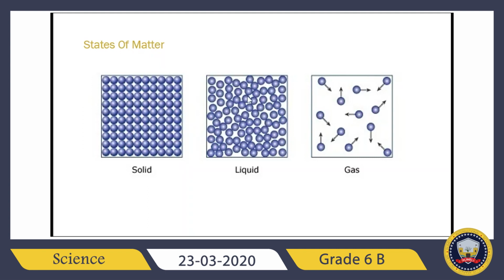It will take the shape of the container, but at the same time it does have a definite volume. It cannot be easily compressed. Gas doesn't have a definite volume, and at the same time it doesn't have a definite shape. Why? Because the spaces between the particles are very big, and these spaces allow the particles to move fast and to move freely in all directions.